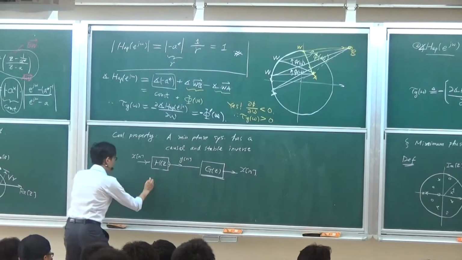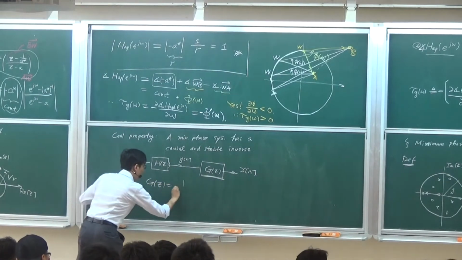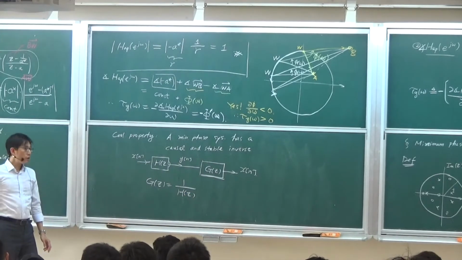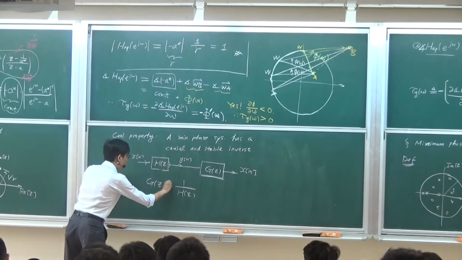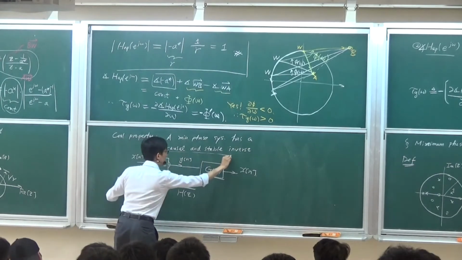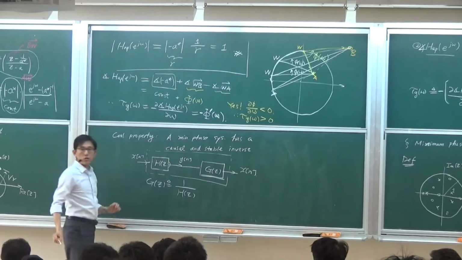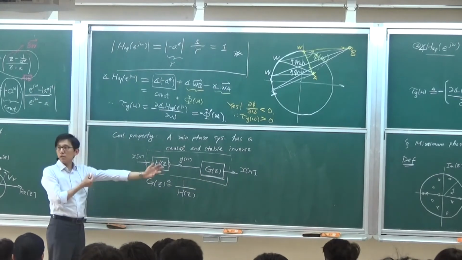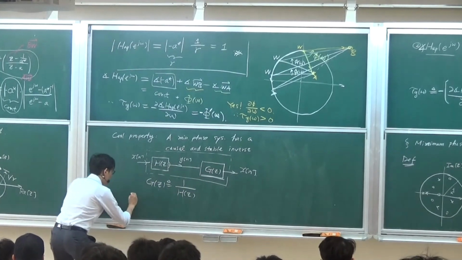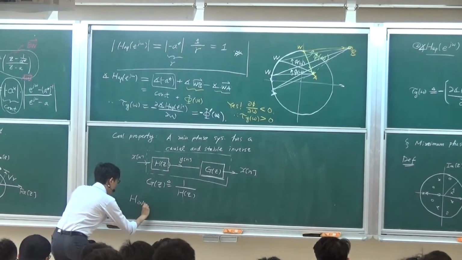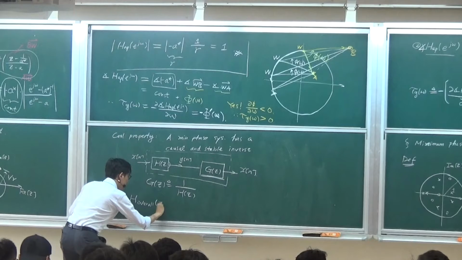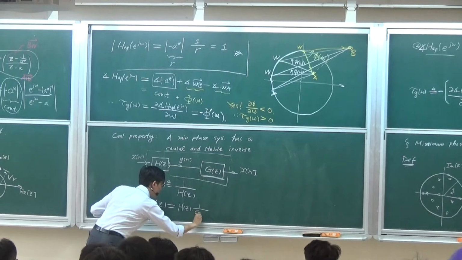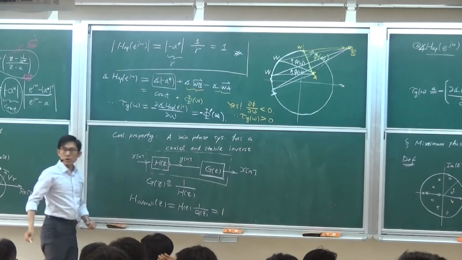The answer is simple. Let's define G of Z as 1 over H of Z, right? Very, very simple. Okay? If G of Z is defined as 1 over H of Z, then the overall system, in combination, H followed by G, the overall system function should be simply H of Z times 1 over H of Z, which is 1. Right, that's done.